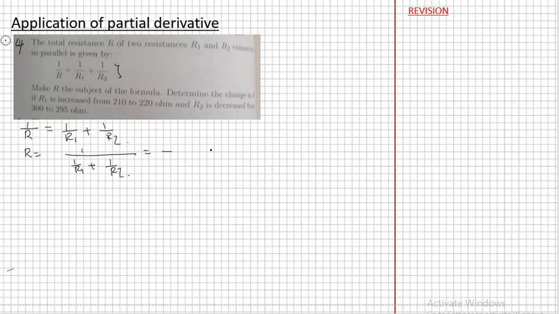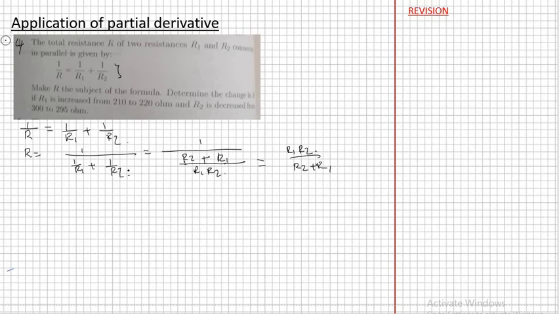So that is equal to, I have 1 there, then I find the common denominator, which is R1 multiplied by R2. On top I have R2, and here I have R1. Finally I have R1 multiplied by R2 divided by R2 plus R1.